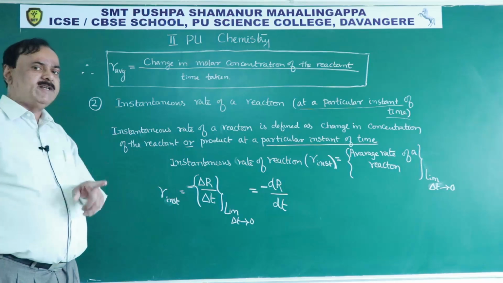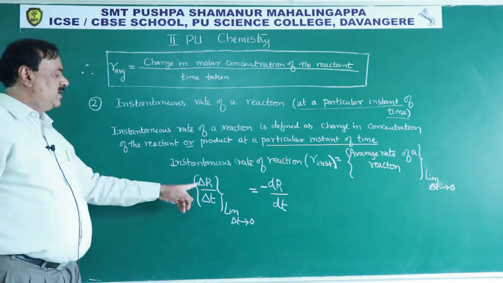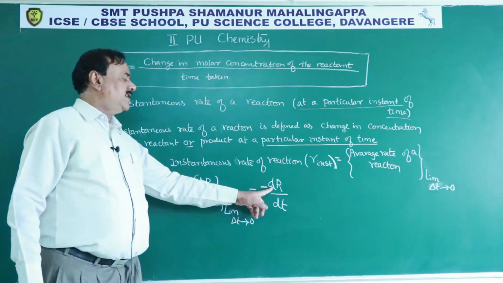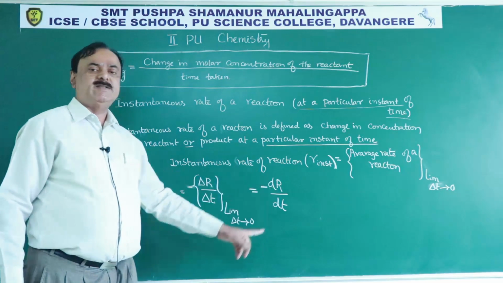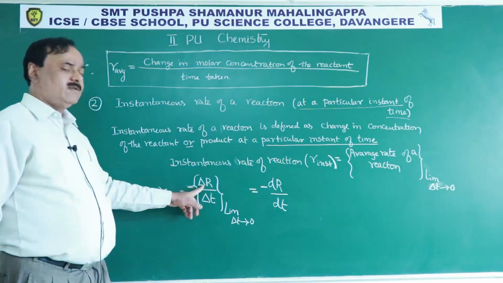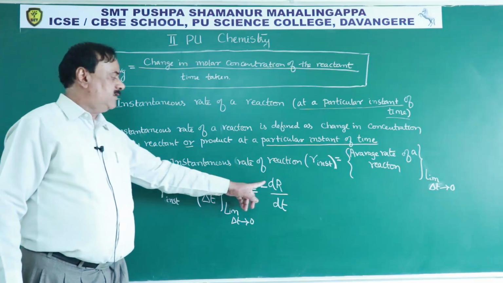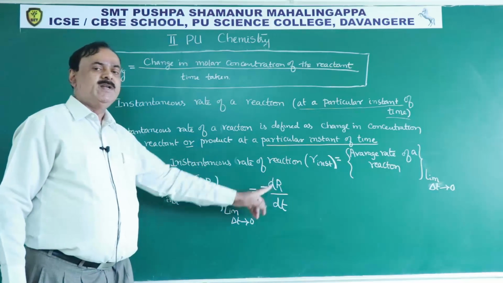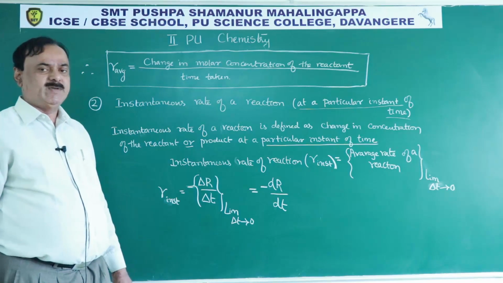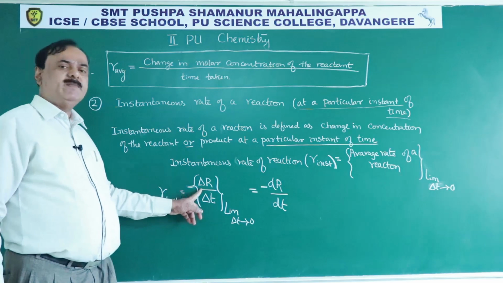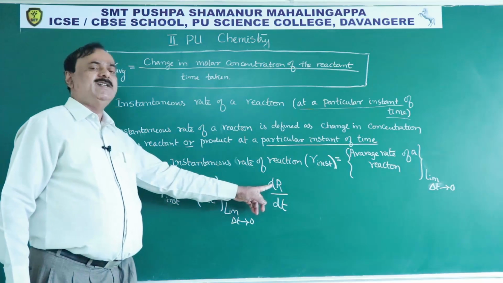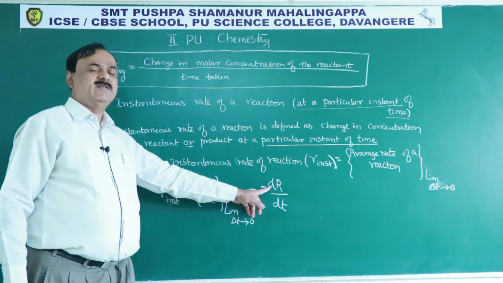Whenever it is an average rate of a chemical reaction, remember you have the delta. Whenever it is the instantaneous rate, there is a d. That is the difference between the instantaneous rate and the average rate of a chemical reaction. In the average rate of a chemical reaction, the delta term is there. In the instantaneous rate of a chemical reaction, the d term is there.